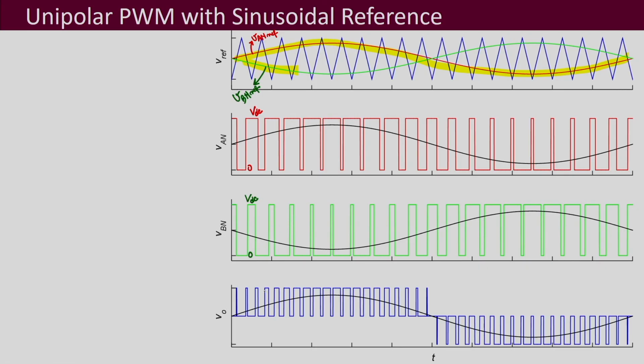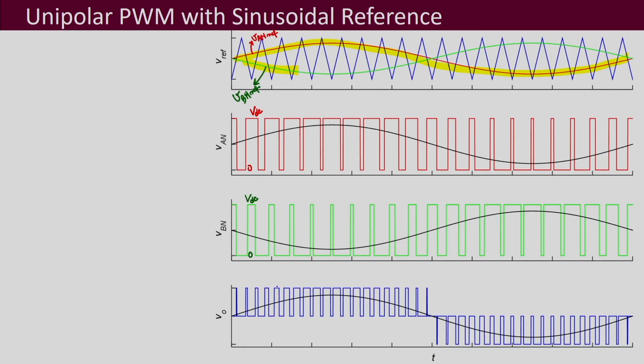The output voltage gets formed by the subtraction of these two, VAN and VBN. You can subtract these two waveforms and you will get this blue waveform.